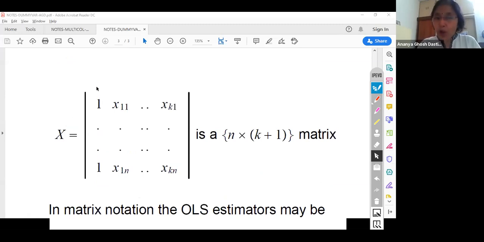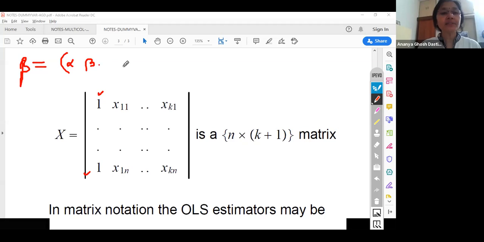The first column of the X matrix is a column of 1s. So think about your beta vector. Beta is like this: alpha, beta 1, beta 2, up to beta k.